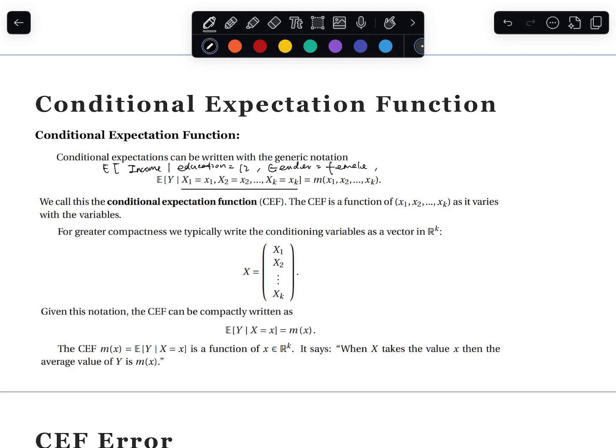So you can add other conditions. And the capital X is a vector of conditioning variables. And then the CEF is a function of x, understood as: when x takes the value of x, the average value of y is just m(x).